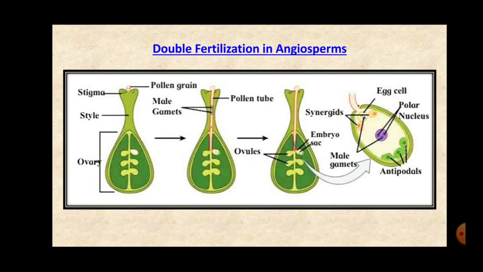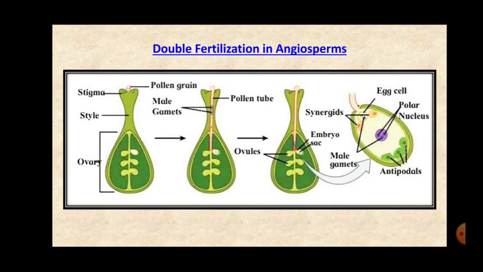Here in the embryo sac, you can see the upper 3 cells. In the middle is the egg cell, and the 2 side cells are called the synergids. This is the pollen tube which enters inside the embryo sac. And at the basal part you can see the antipodals. These are 3 cells, and in the center you can see 2 polar nuclei.